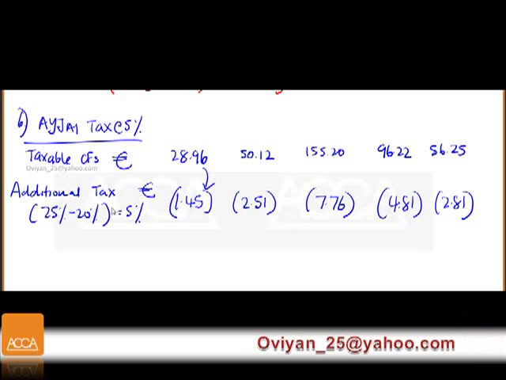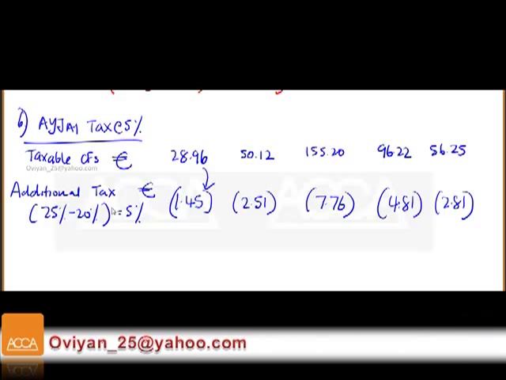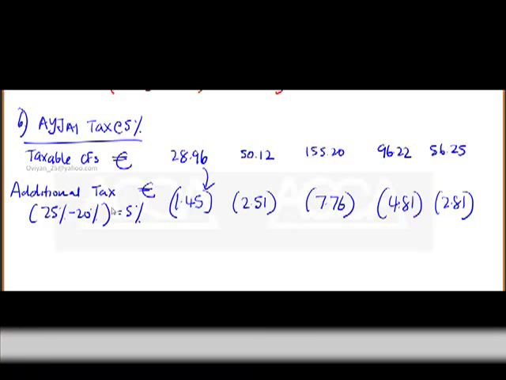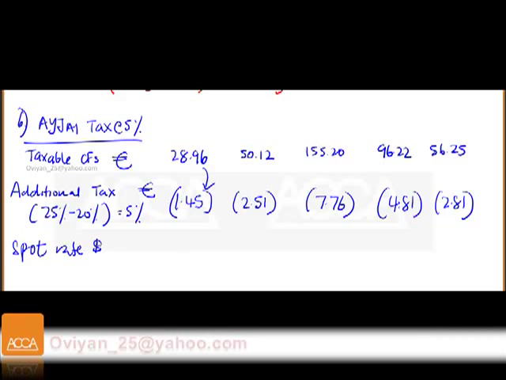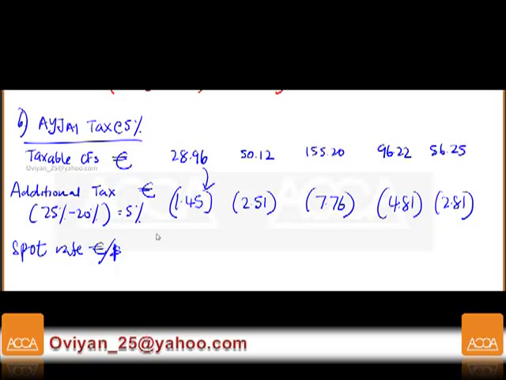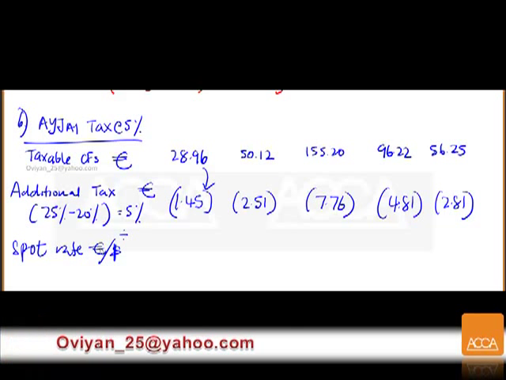And remember, you're going to come home on that day to declare this tax and pay tax in that same year. So when you come back home, you got to use the spot rate on that day, and it's in euro to dollar. Euro to dollar, if you're going to change to dollar, you need to divide. Is that clear? You need to divide.